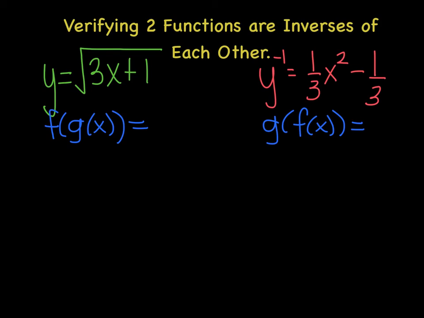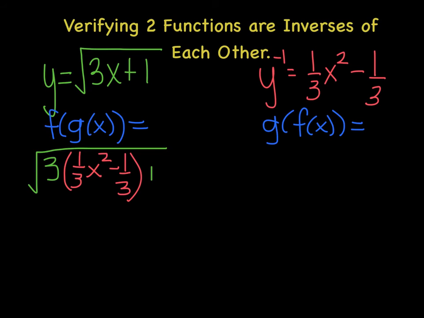So now I'm going to take the green function and insert the red function in for x. So I just took this function and I plugged it in for x in parentheses right here.